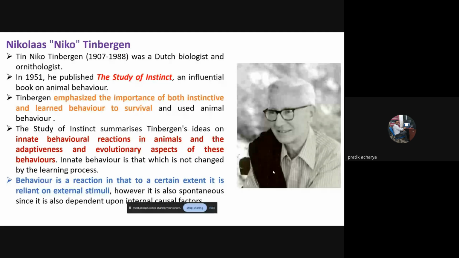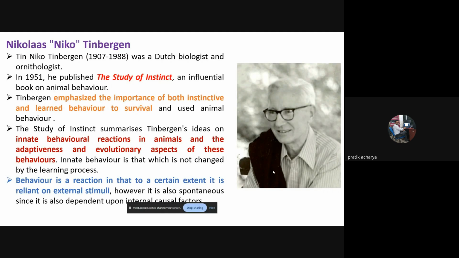Whatever I have marked in bold and different colors is very important for your study. You have to focus on those points: the innate behavioral reaction in animals and the adaptiveness and evolutionary aspect of these behaviors. So this was the idea provided by Nicholas Tinbergen.